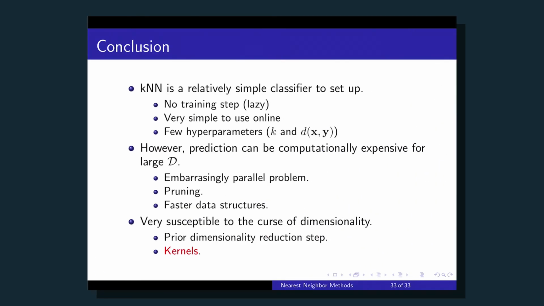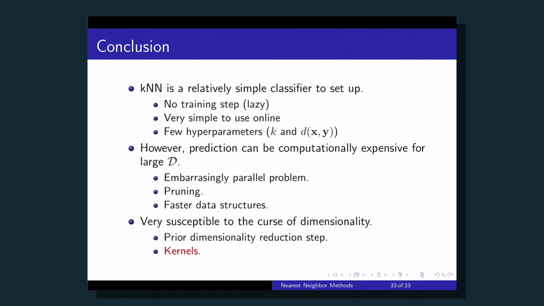So, in conclusion, we talked about K nearest neighbors and K means as a close relative, but mostly nearest neighbor methods. K nearest neighbors is a relatively simple classifier to set up, so you don't actually have to do training. You just dump all your training points into a database, a dataset, a KD tree, whatever, and inference is just looking up the nearest neighbors from that database.